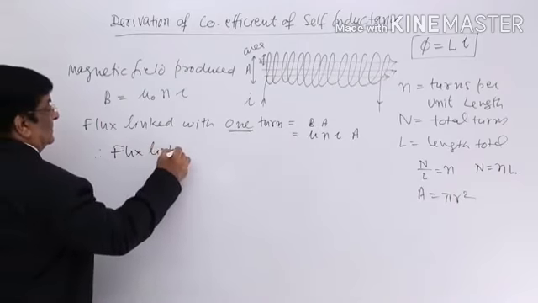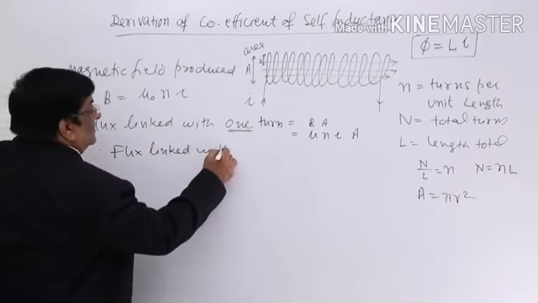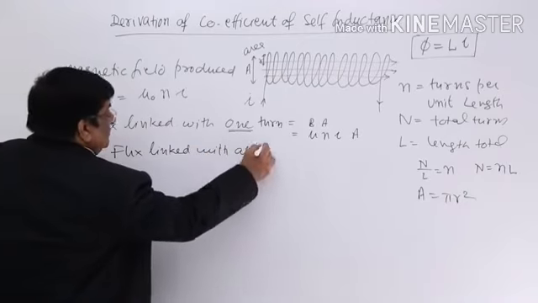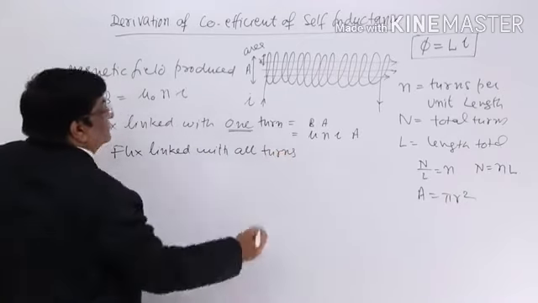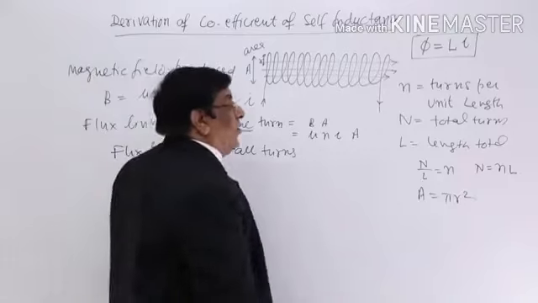Flux linked with all turns. How many are the all turns?